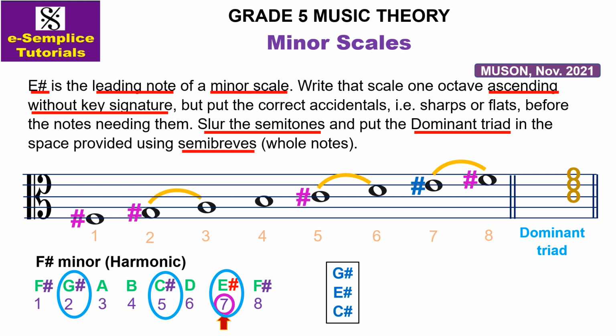These 3 notes have accidentals, and the guideline is write the accidental of the top note first. So G gets its sharp first, closest to the note, then the bottom note, and then the middle note.